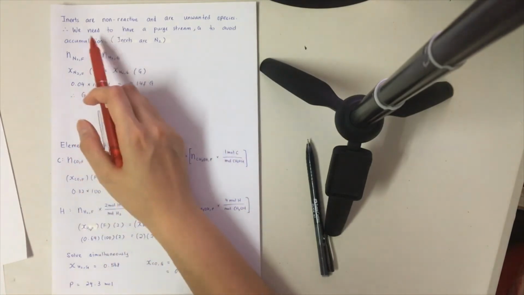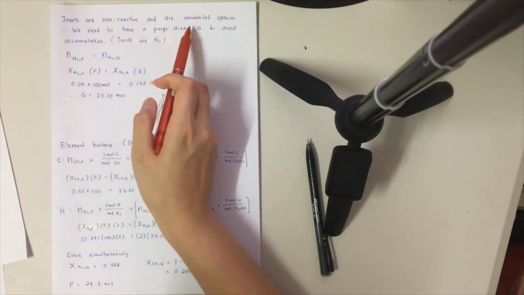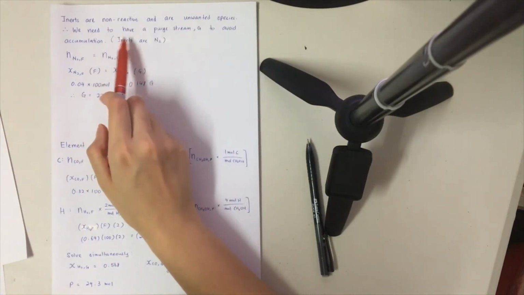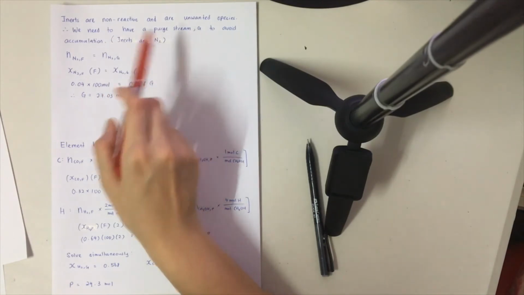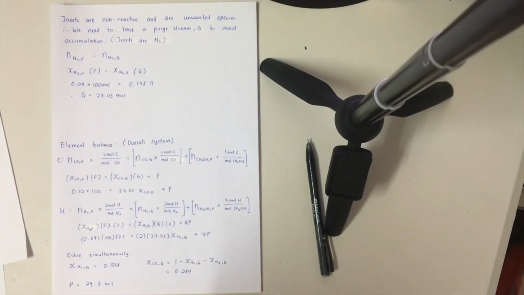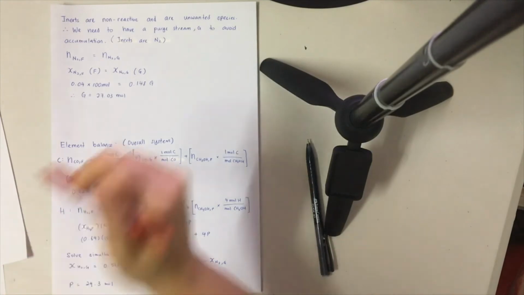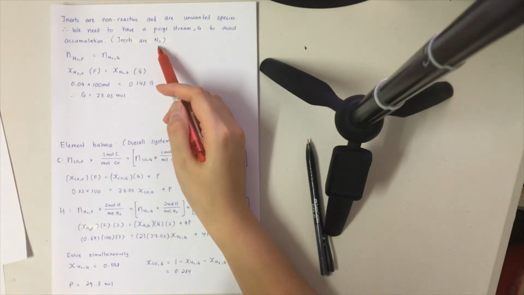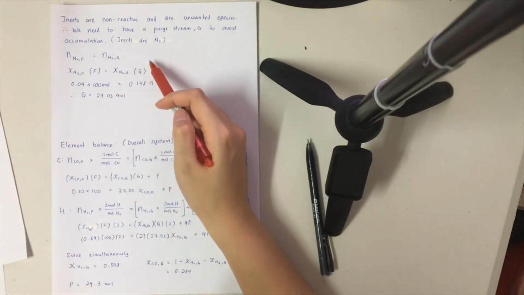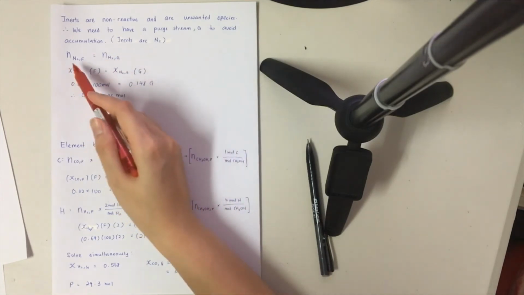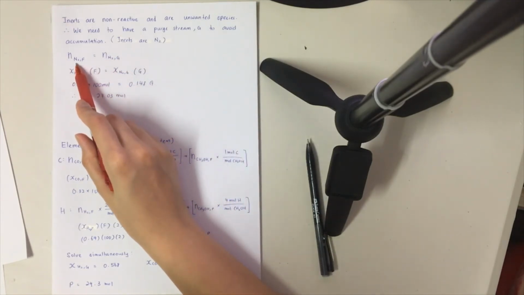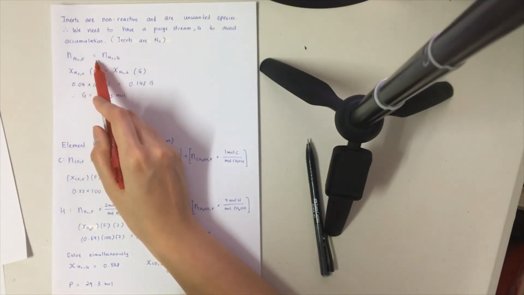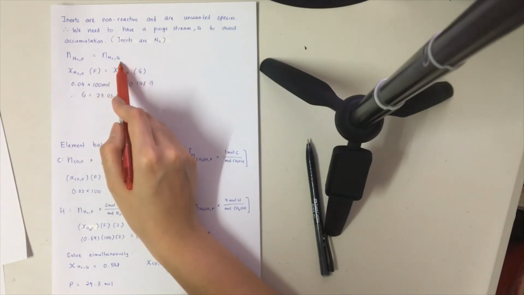Next, since inerts are non-reactive and unwanted species, we need to have a purge stream, like I said, G, to avoid accumulation. The inert here is N2. It is not reacted at all. So the nitrogen from the feed should equal the nitrogen in the purge stream.